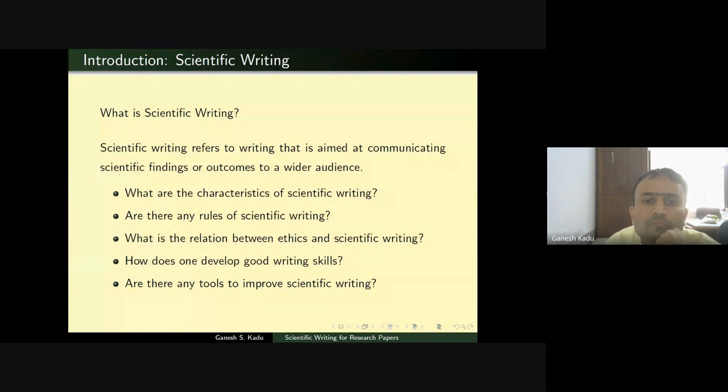The first question is, what are the characteristics of scientific writing, or good scientific writing? Is there any rule book of scientific writing? What is the relation between ethics and scientific writing? How does one develop good writing skills?